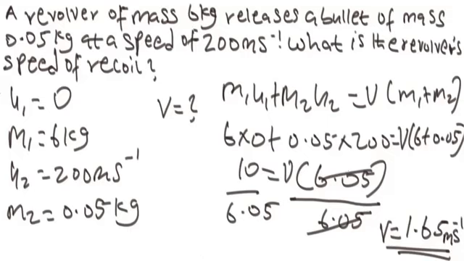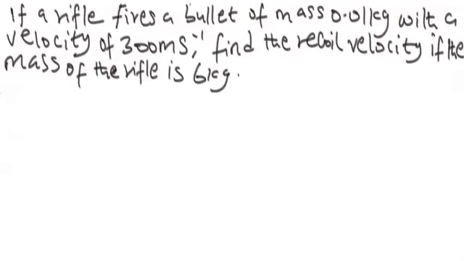So let's wipe and solve one more example, and after that you can call it a class. Let's look at this typical question. It says a rifle fires a bullet of mass 0.01 kg with a velocity of 300 meters per second. Find the recoil velocity if the mass of the rifle is 6 kg. Let's get our parameters.